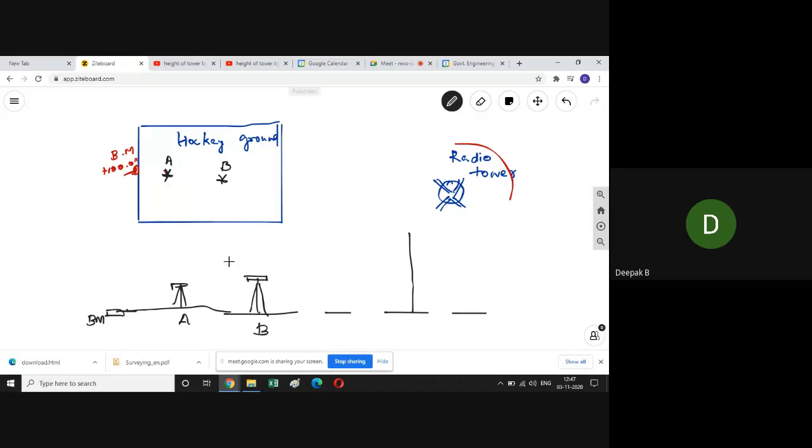There is a small difference between the locations, but just know that this A is this A, this B is this B, and here is our radio tower. We'll keep a leveling staff here at the BM.